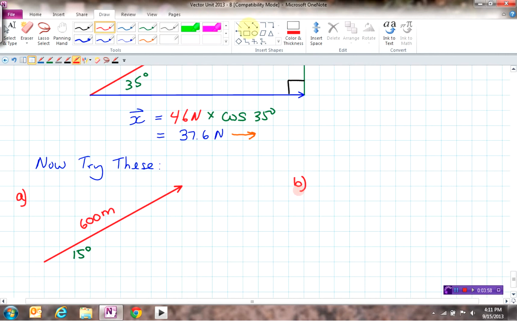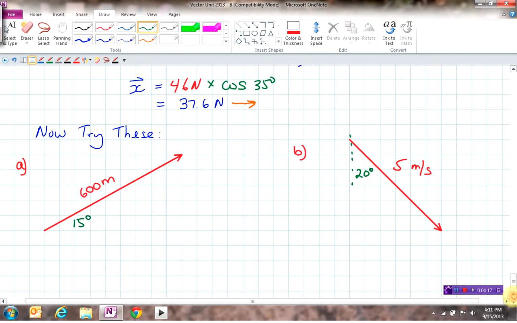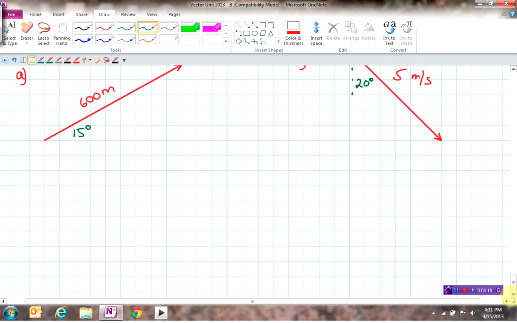Second one, vector that goes like this, and that vector has 5 meters per second, and the angle right in there will be 20 degrees. The third one, C, will be a vector that looks like this.